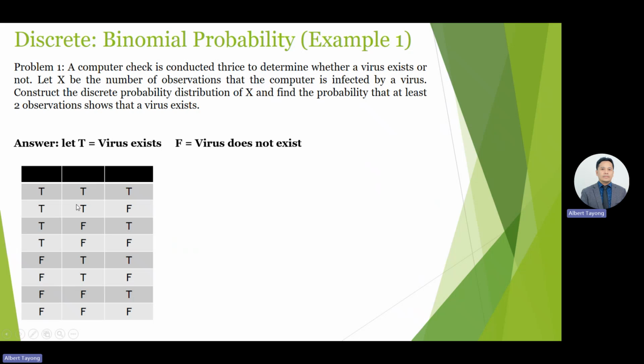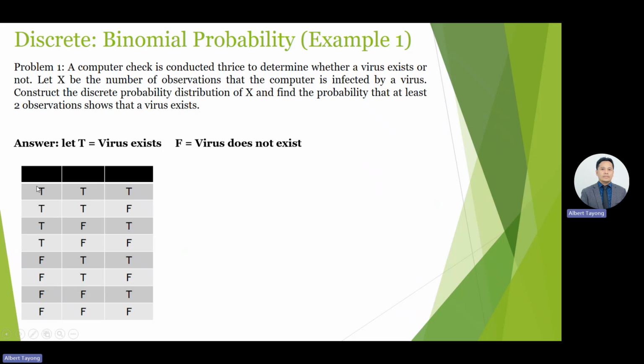The second column is double T, double F, double T, double F, and the last is TF, TF, TF, TF. So these are 8 possibilities because we have to conduct the computer check 3 times.